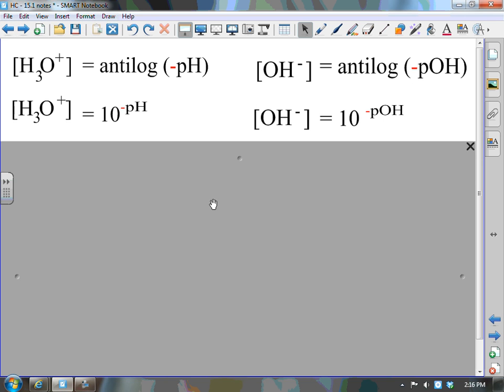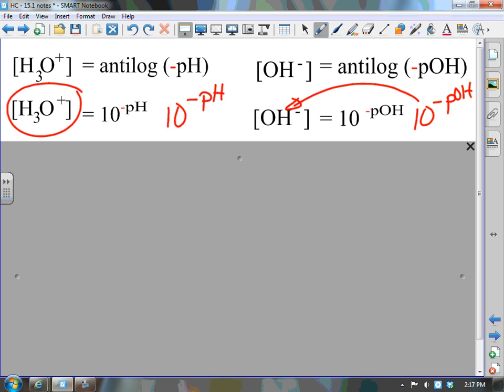So what does that really mean? That means to find the concentration, we're just going to take 10 and then the power is going to be the negative pH if we want to find H3O. So 10 to the negative pH gives us this number. 10 to the negative pOH gives us that number.